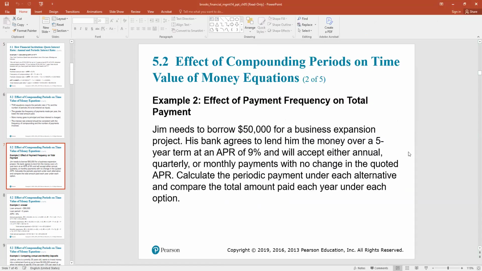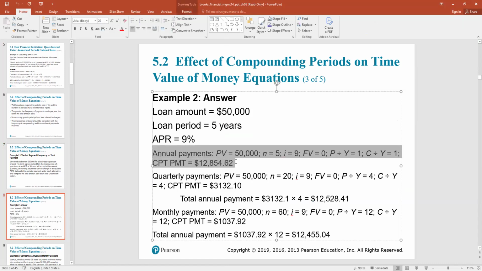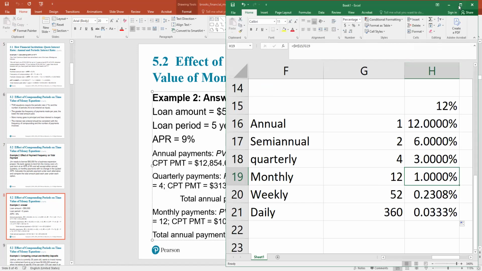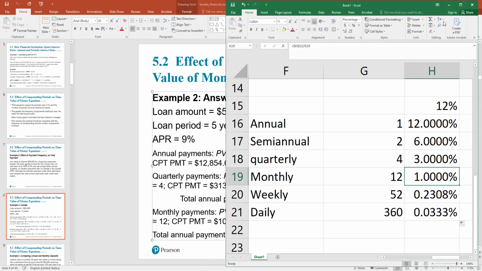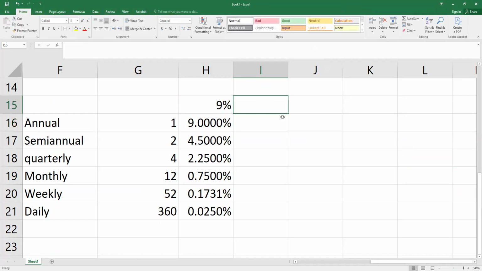So the bank will accept either quarterly or monthly payments with no change. Here we are getting annual payments. Let's use this example with 9%, and the number of periods is 5 years.